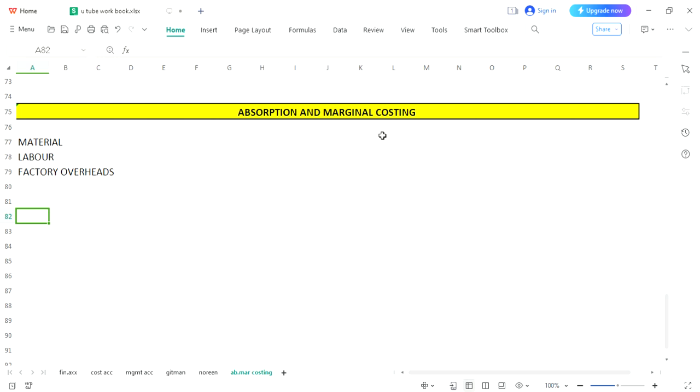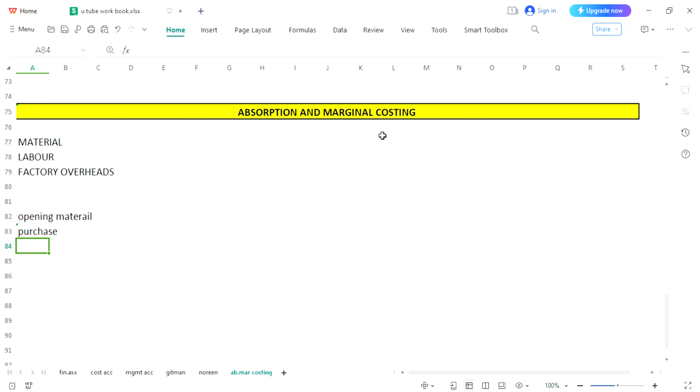Let's say you have started your business, and at the start of any year, period, month, or week, if you have some raw material in your hand, that is called opening material. And during the year, if you have bought some raw material, that would be called purchase of material.